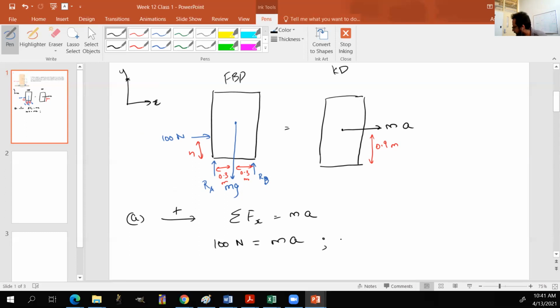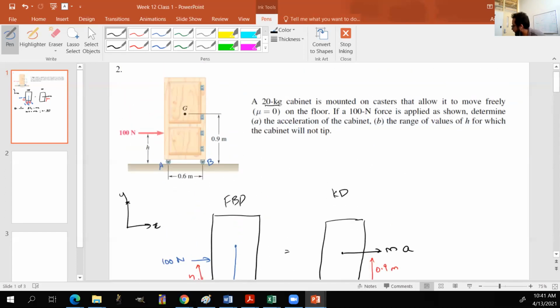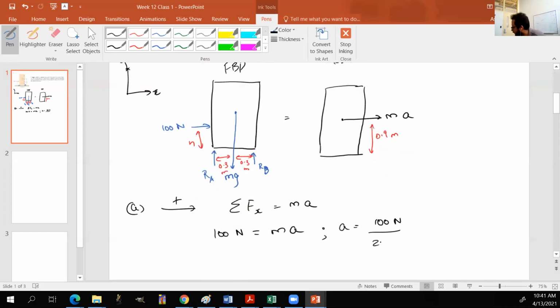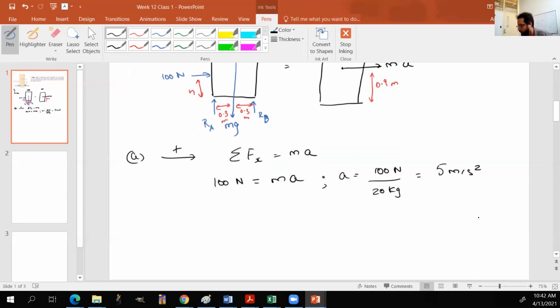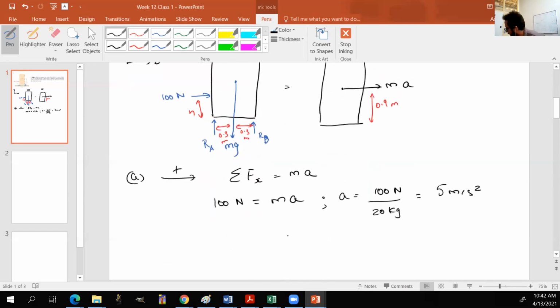So acceleration is going to equal 100 newtons divided by the mass, which is 20 kilograms. That's 5 meters per second squared. But remember, when people ask you the acceleration in dynamics, just the magnitude is not good enough. Having defined our coordinate system like that, you can say that the vector a is 5 in the i hat direction.